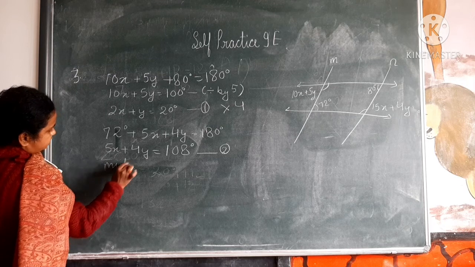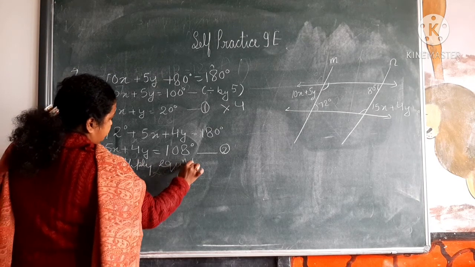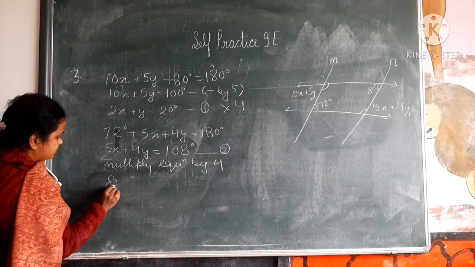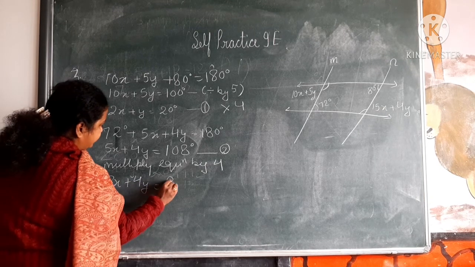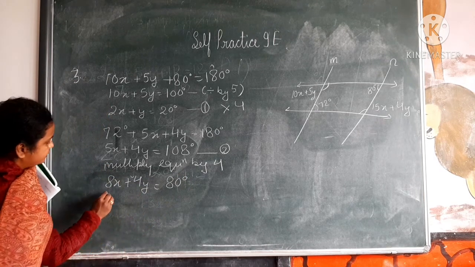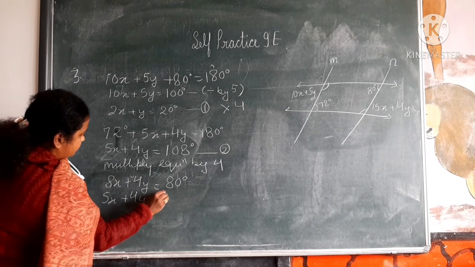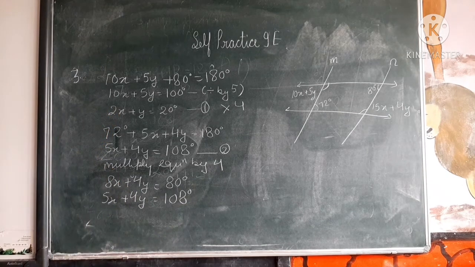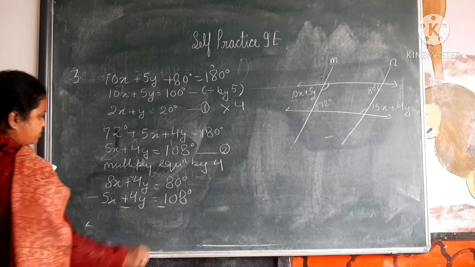So what your third equation will be? Multiplying equation 1 by 4. So you will have 8x plus 4y is equal to 80 degree, and here 5x plus 4y is equal to 108 degree. Okay. Now you just subtract, minus, minus, and this also minus.